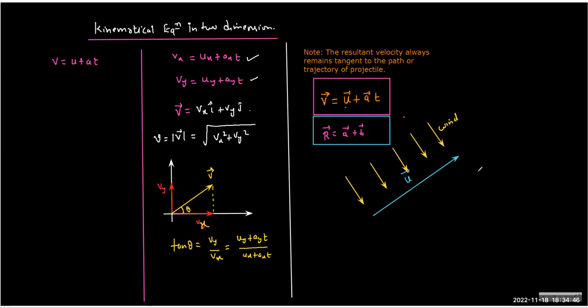Ignore gravity. So you throw something like this, and there is a wind coming this way, which will push it in its own direction. So the direction of acceleration, the force which you experience, will be in which direction? Can we say in this direction? Yes, sir.